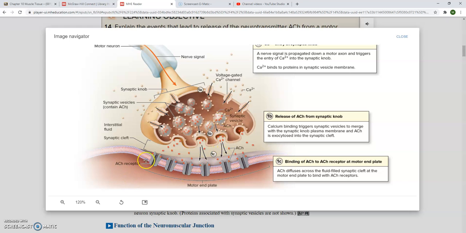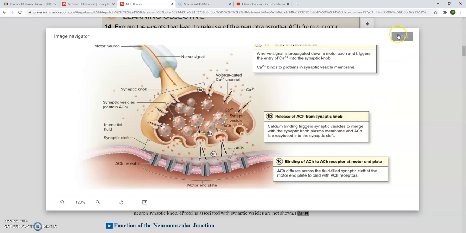So we don't get stimulation or excitement of the skeletal muscle fiber, so we don't get contraction. They call that flaccid paralysis, which people usually think of when someone says paralysis. That's the condition where the muscles are relaxed and there's no way to get them to contract.